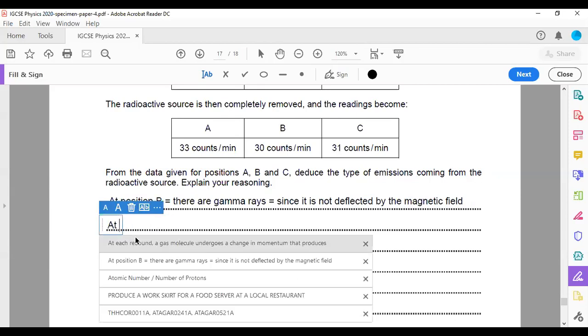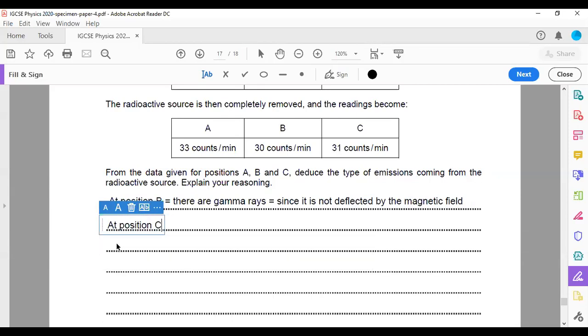Let's go to position C. At position C, there is what? We call that beta. There are beta particles. Why do we consider it to be beta particles?